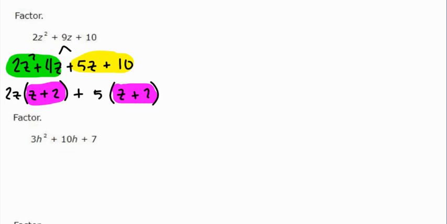I'm going to write that in purple to keep our colors similar: z plus 2 in parentheses. And then I'm going to highlight the coefficients of the other factor, 2z and a positive 5. So that's going to be my other factor: 2z plus 5.